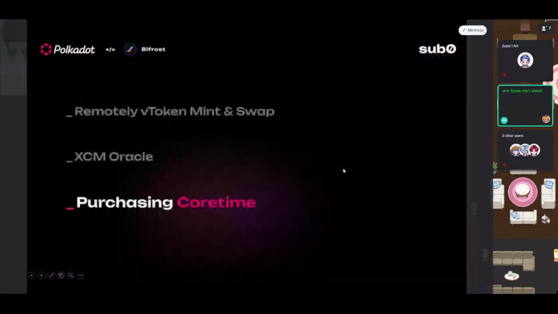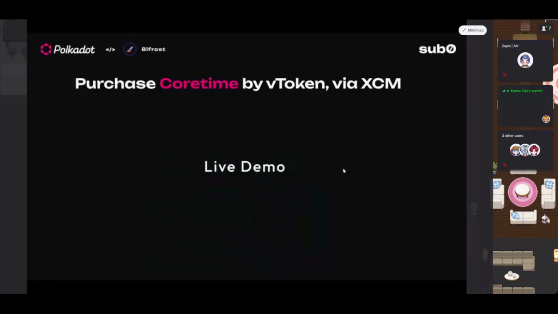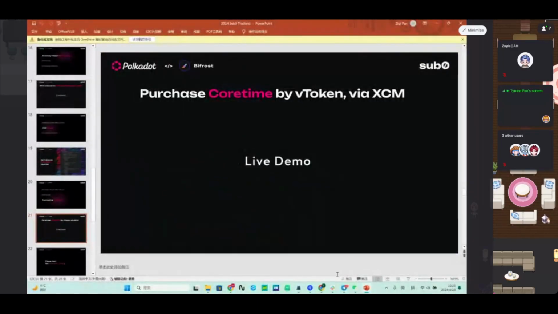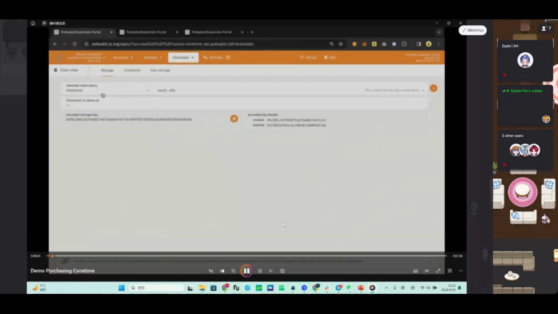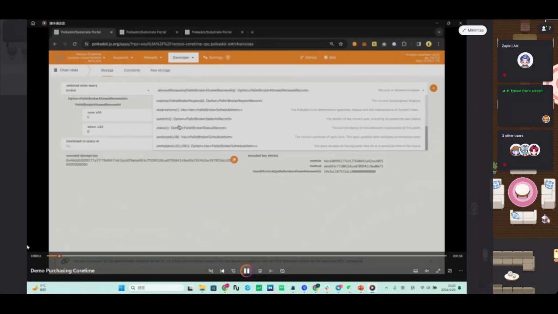Okay, so the one last thing is purchasing Coretime by using a V token. Okay, we'll check this out.